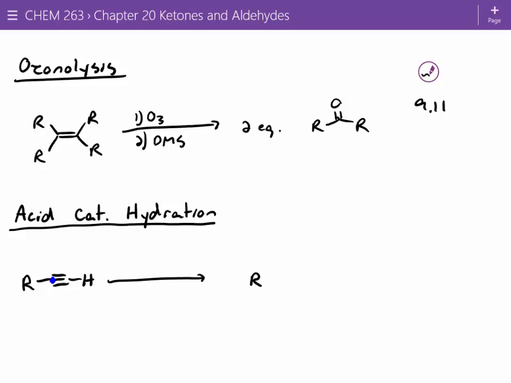And we can end up forming an enol that tautomerizes to the ketone. What reagents do we need? Yeah, sulfuric acid, and then what's the catalyst? Yeah, mercury sulfate.